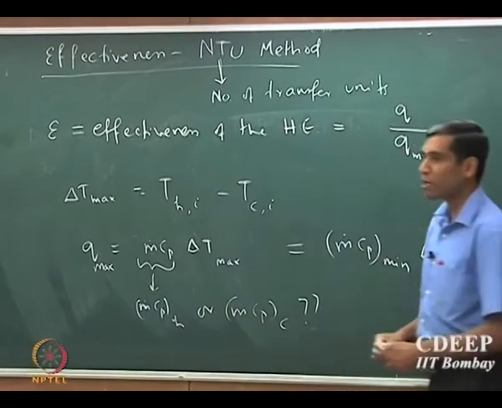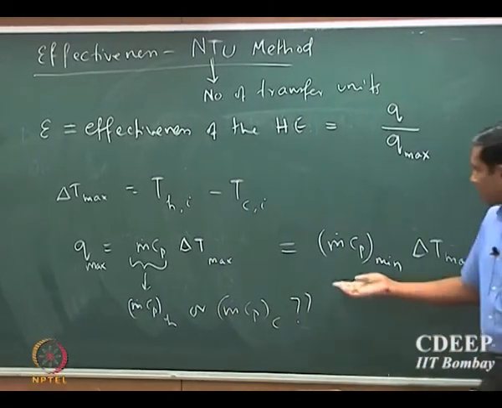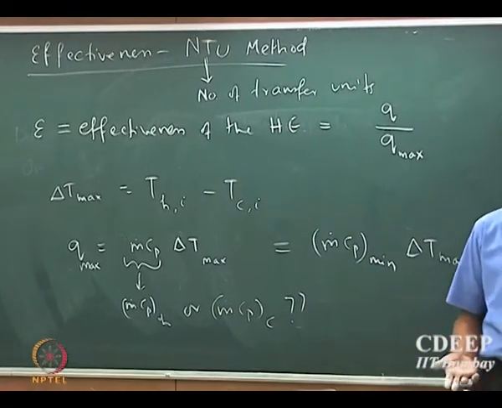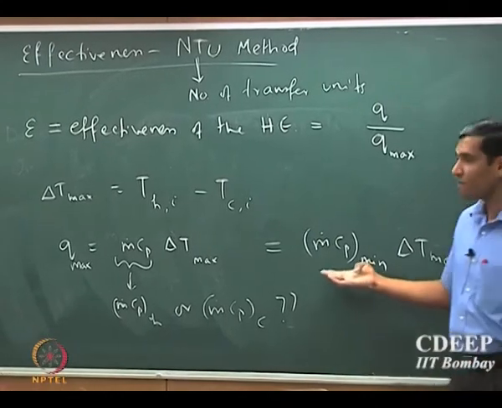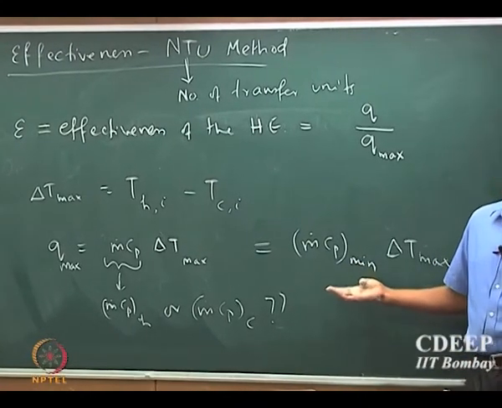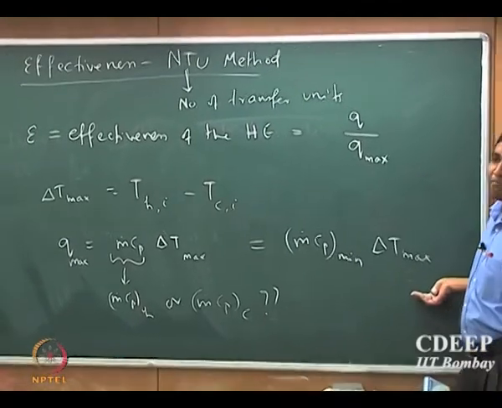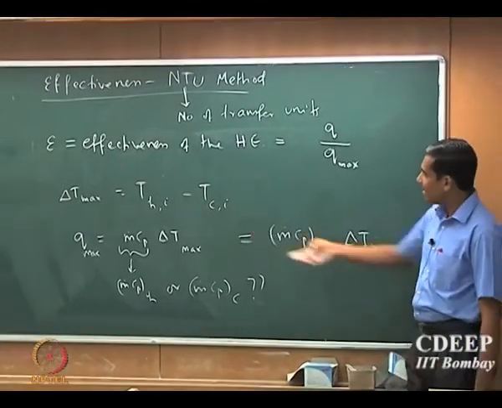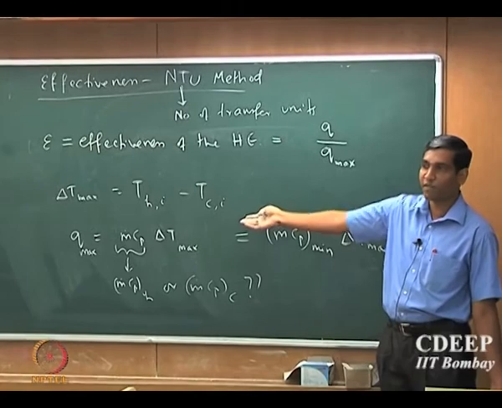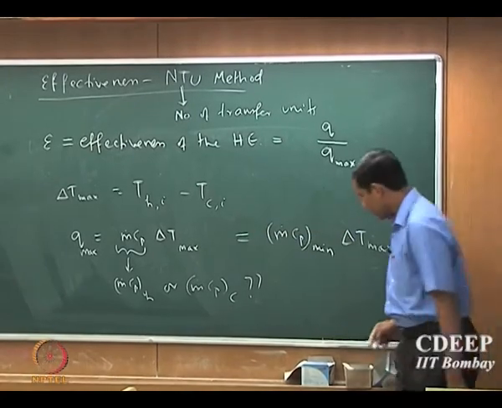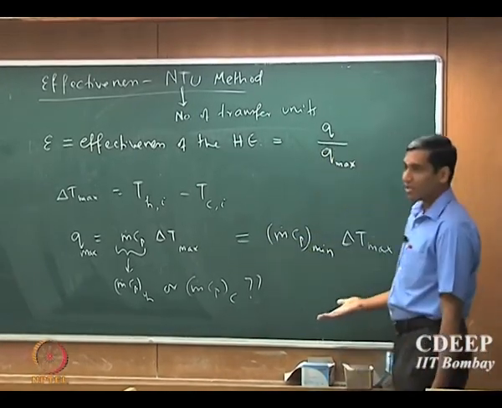This is an important observation. The maximum possible heat transport rate is essentially the product of the minimum m dot Cp between the two multiplied by the maximal temperature difference, which is the difference in the inlet temperatures of the two streams. Now we know how to define Q max.